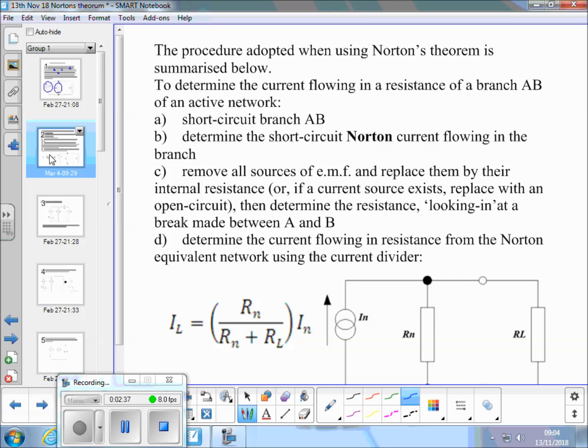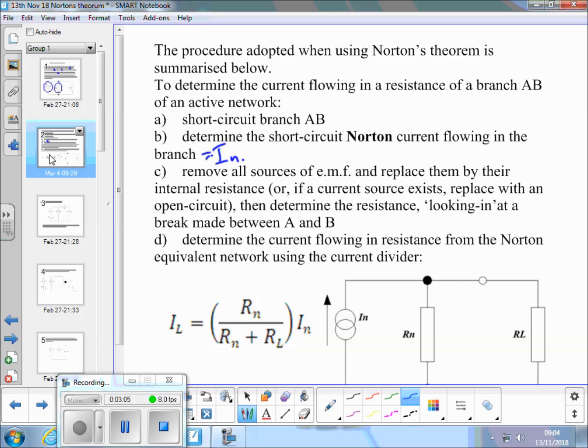It must be the whole branch, so if you've got any series resistance in that branch, you've got to take it all out and short. Determine the short circuit Norton current flowing in that branch. So that gives you IN, the Norton's current.